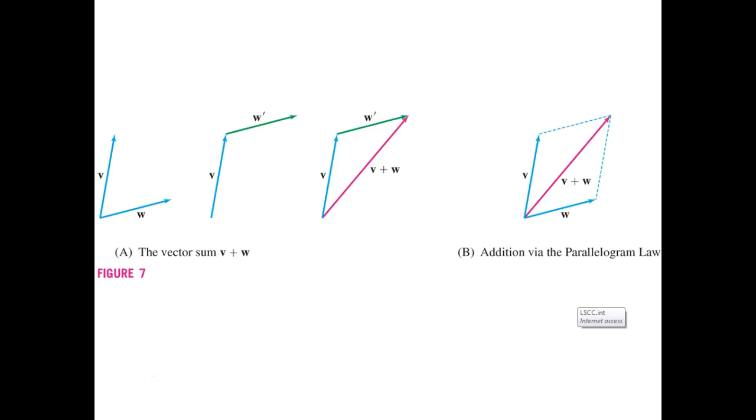Okay? Now, that actually leads to another concept indirectly. When you do V plus W like this, you get this vector. But what if you had chosen to do W plus V? You get the same sum.